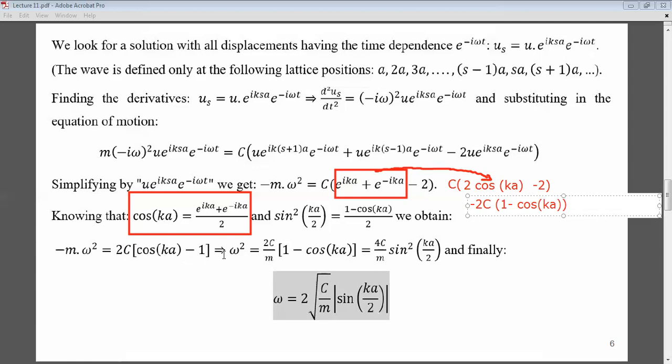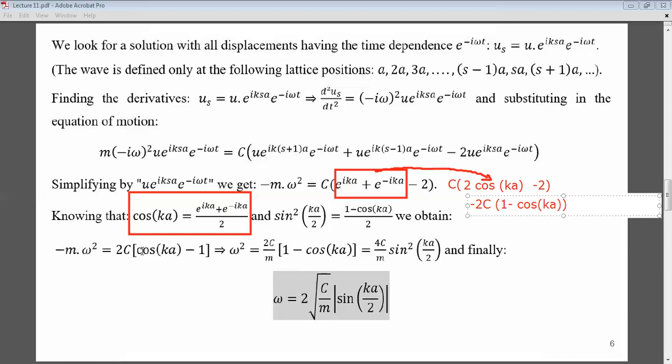Okay, and now, before, I haven't yet used this identity. We just introduced 1 minus cosine ka here. So I have minus m omega square is equal to C cosine ka minus 1, which implies omega square is equal to C over m into 1 minus cosine ka.